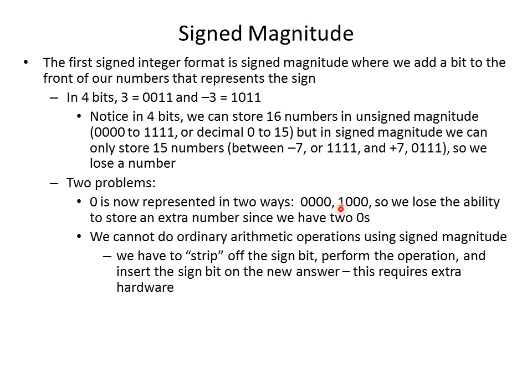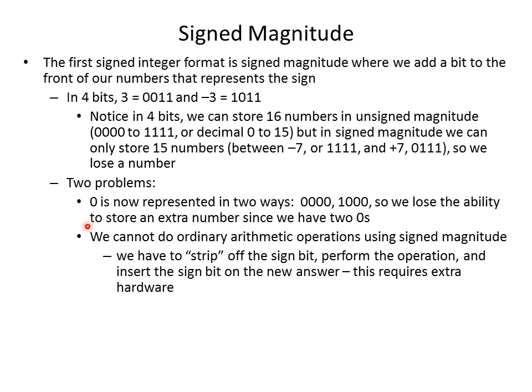If it is -0, then it is 1 and the rest of the bits are 0. So we have to take two different representations to represent a 0. So we lost the ability to store an extra number, since we have two zeros. Since there are 16 different possible values of binary digits, if we use this, we will lose the ability to represent a digit in this system.